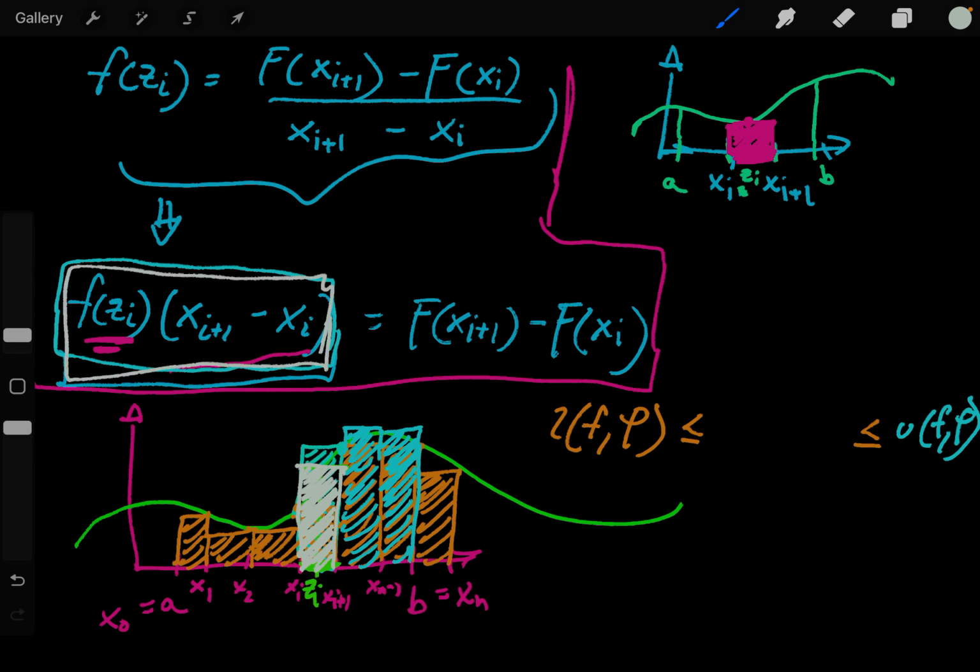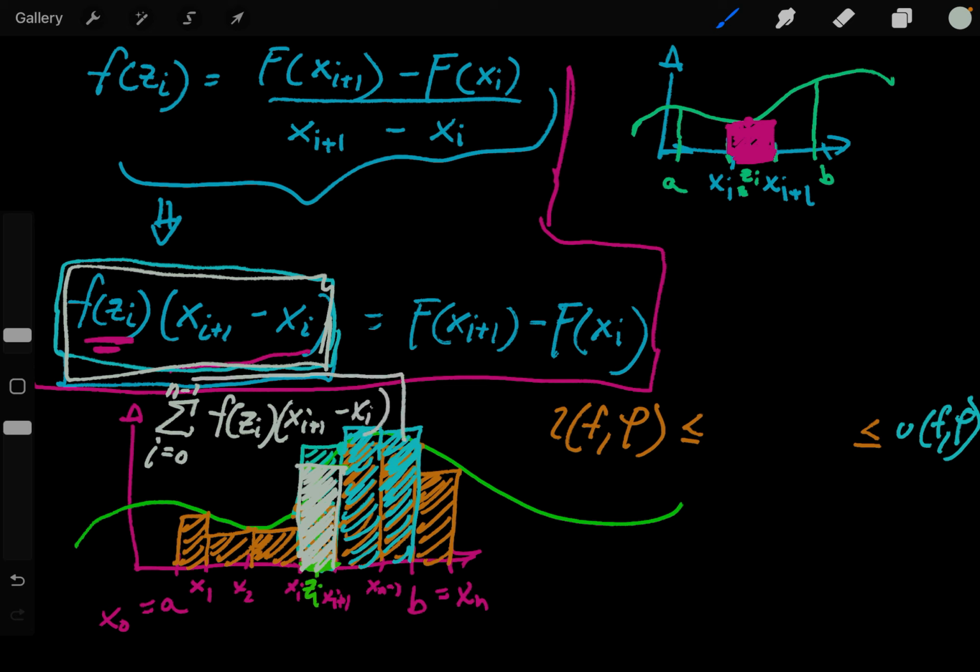And I want to sum over all of these intervals in my partition. So basically the sum as i starts off at 0 and goes to n minus 1 of f of z_i times x_{i+1} minus x_i.